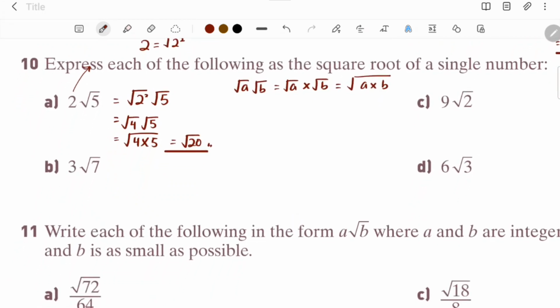Okay. 3 surd 7 square root. So this one should be square root of 3 square multiplied with square root of 7, and then square root of 9 multiplied with square root of 7. 9 times 7 you should get 63. Okay.